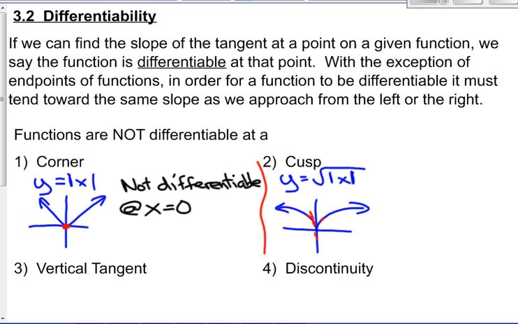As we approach from the right, the slope looks like it's going to be super steep and positive. They're not converging on the same value. So that means not differentiable at x equals 0. Anytime you see a cusp, it's not differentiable at that point.